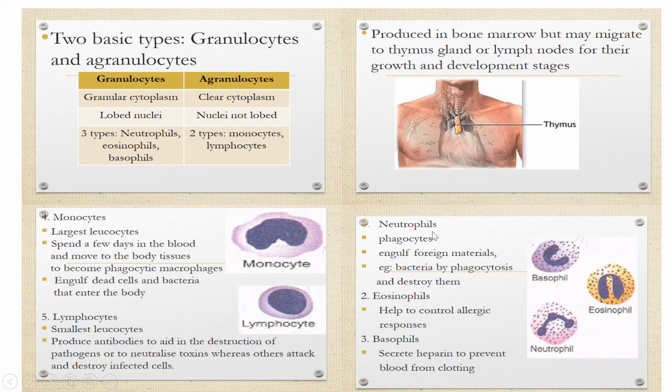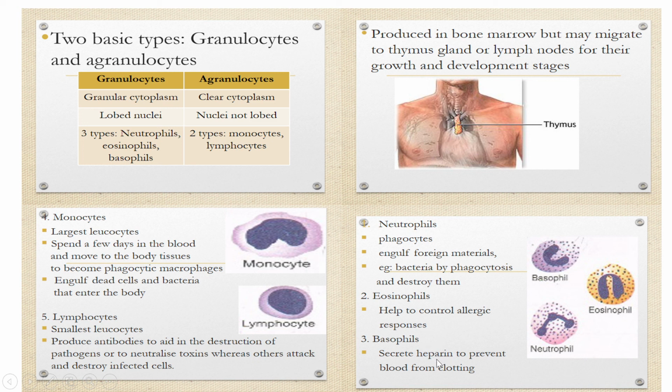Neutrophil is very easy to recognize by its lobed nucleus, and also by phagocytosis, like the monocyte just now. Eosinophil is responsible for allergic responses, and we have basophil, which secretes heparin.